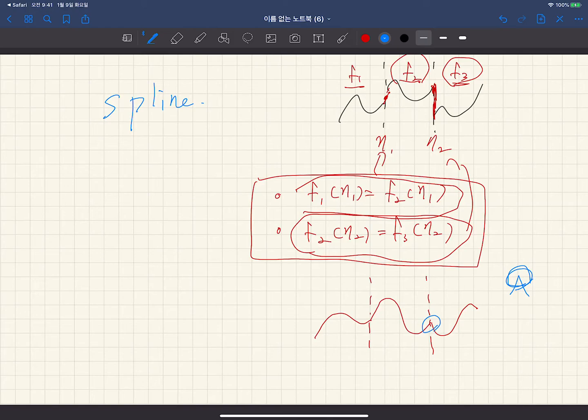Okay, so this is very unnatural. So to remove such a peak point or undifferentiable point, we need to introduce one additional condition such that the first derivative of your function also satisfies this.